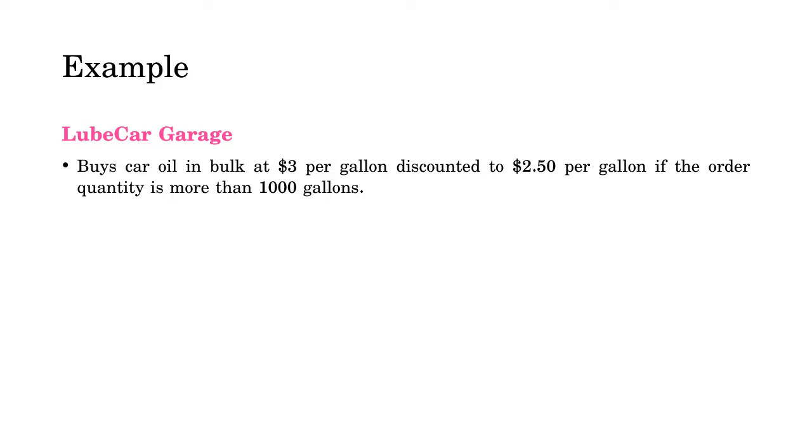To replace the oils in the vehicles, this garage buys car oil in bulk at $3 per gallon, and the supplier gives a discount if the quantity is more than 1000 gallons, and this discounted price is $2.5. So $3 is C1 and $2.5 is C2, and small q, the threshold that I have been talking about, is 1000 gallons.